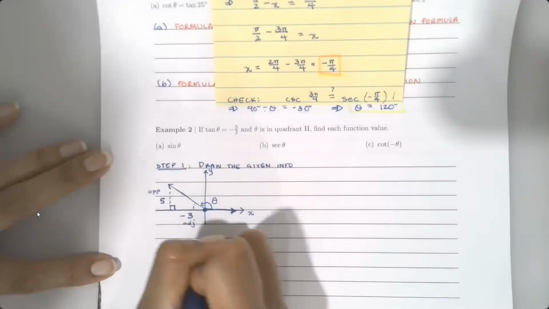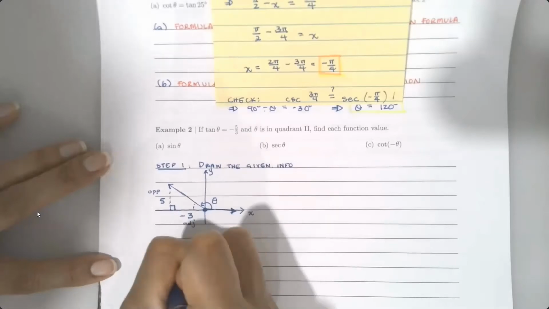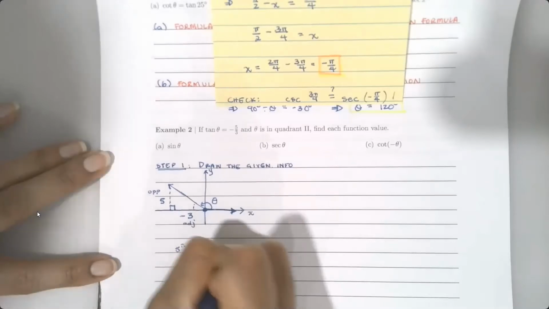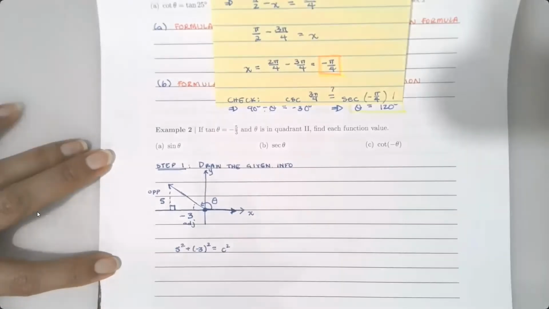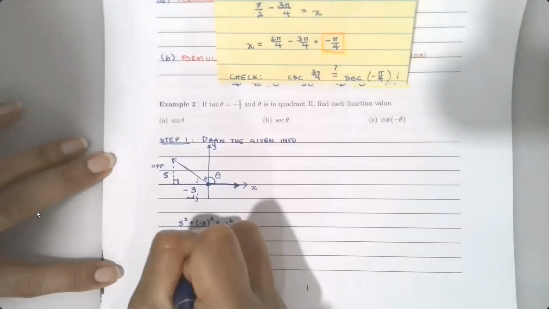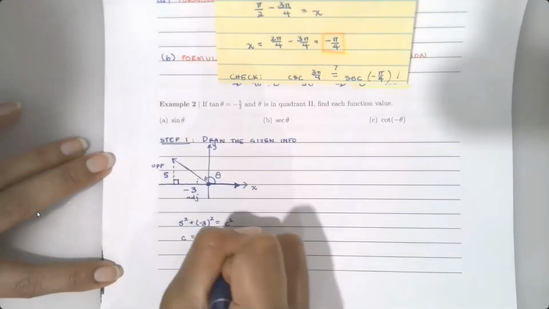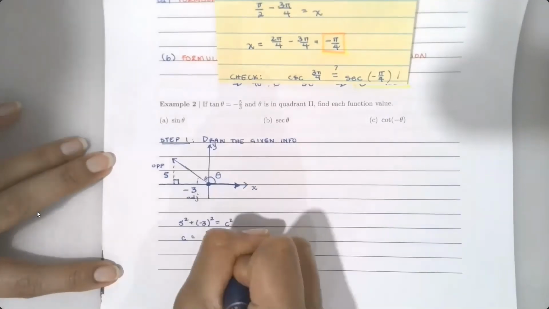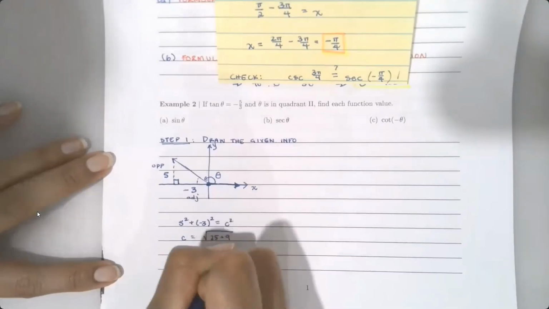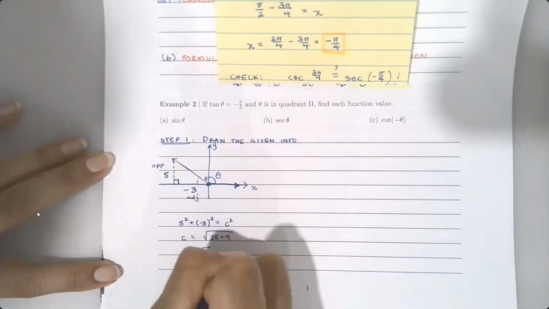So 5 squared plus negative 3 squared is equal to the hypotenuse squared, which I'll just call c. That means c is equal to the square root of 25 plus 9, which is 34. Okay, so it's the square root of 34 that we have there.